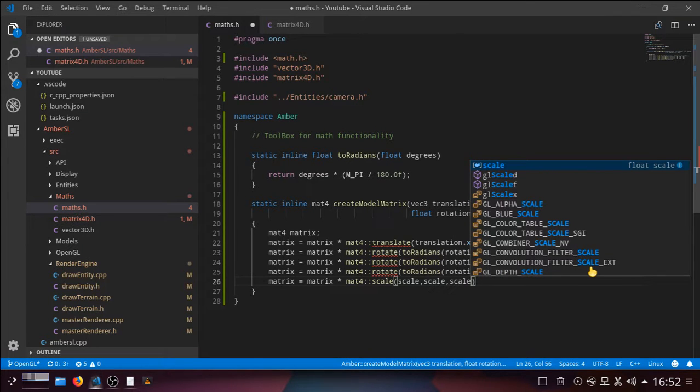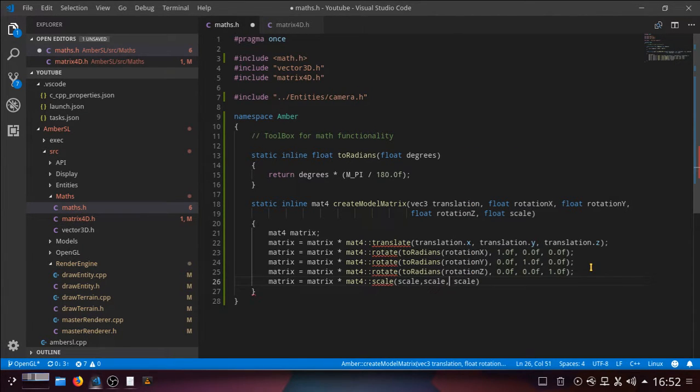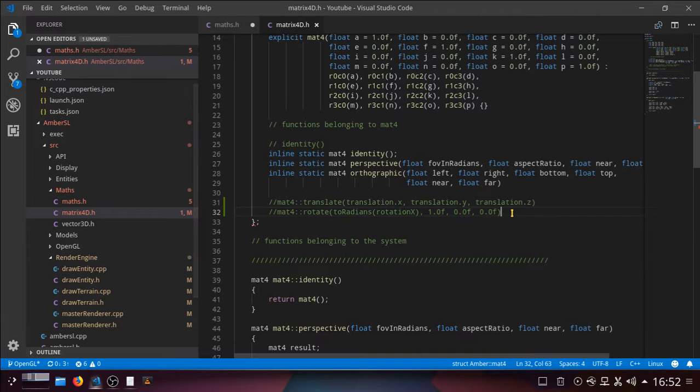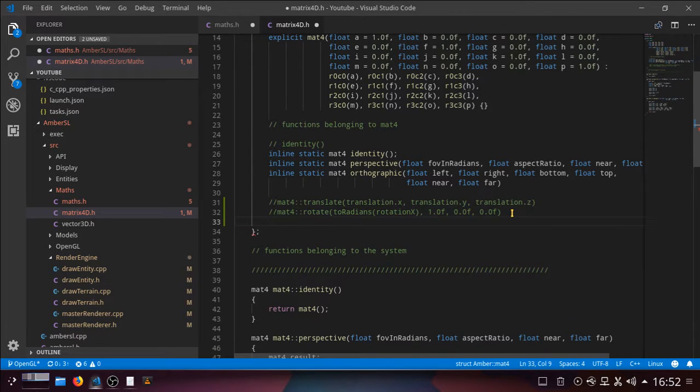They're all going to be scaled at the same rate. So that's an easy one actually. We only need 1 of those. So I'll take 1 of those, and again, just pop it in there and take off that semicolon, please.